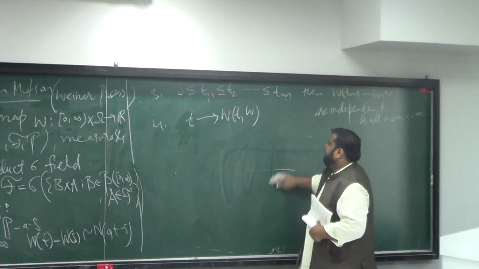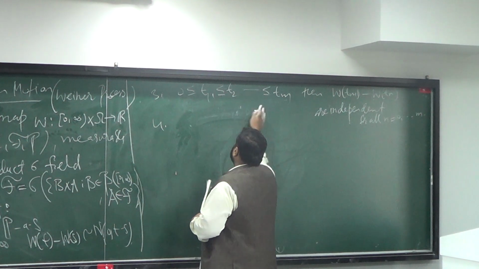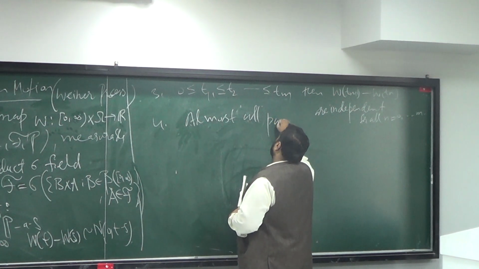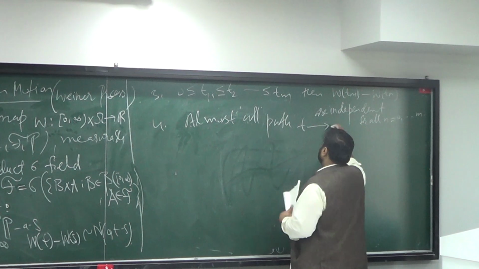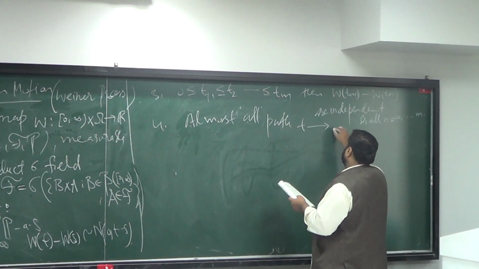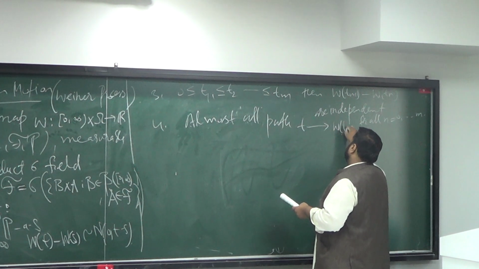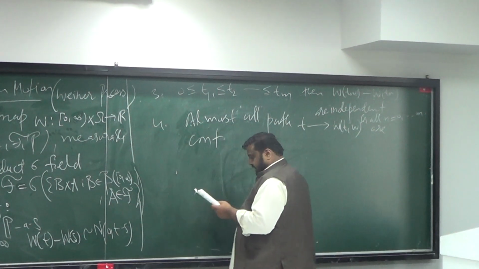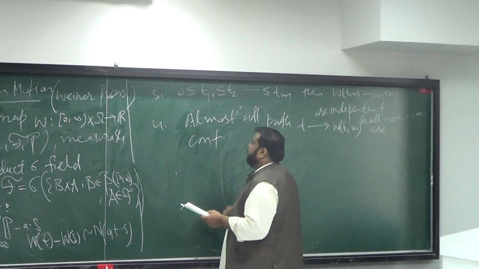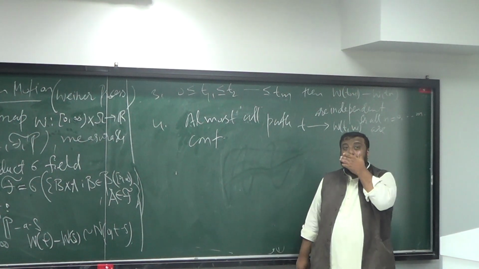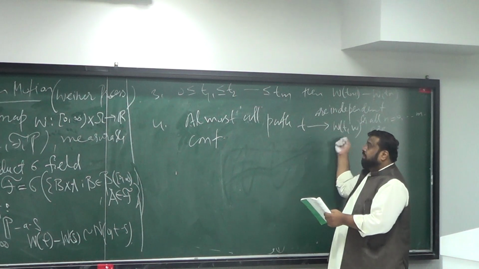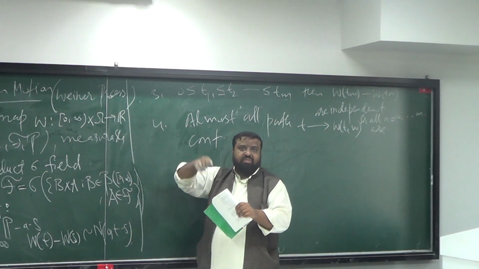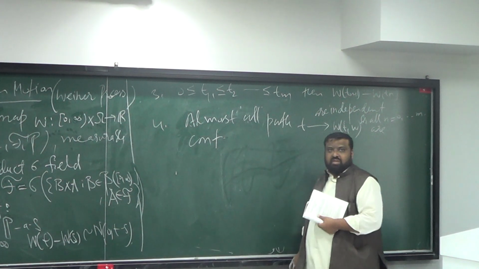In other words, almost all paths from t to W_t(omega) are continuous. And continuous in what sense? In a simple sense, because W_t(omega) is a number actually. So we are talking about one-dimensional continuity, limit equal to the value of the function. So they are continuous.